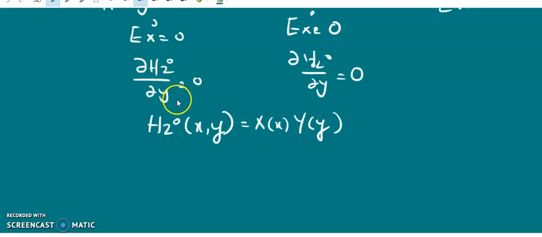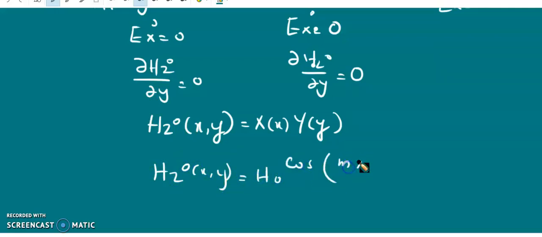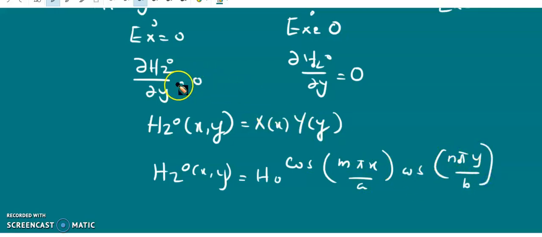So that is the only difference. Since this is for derivative, the corresponding solution for Hz0 is given by Hz0(x,y) equal to H0 cos(mπx/a) cos(nπy/b). Since the boundary condition is for the derivative, we can see that the corresponding functions are cosines.